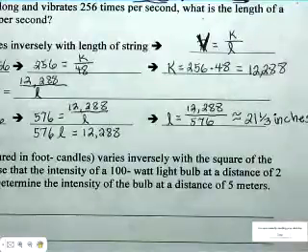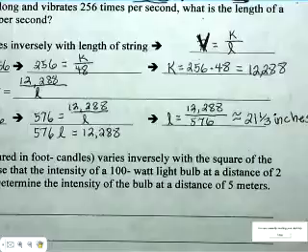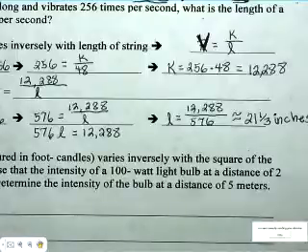And that's probably dependent on what your string is made of. A copper string is not going to have the same constant as a steel string would have. But for any given string, if you had one length and one vibration rate, you could find that constant and then use that constant to predict anything else you wanted to.